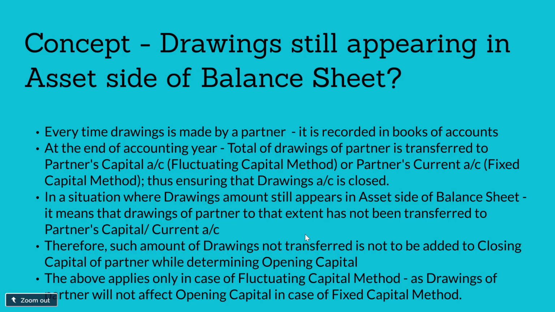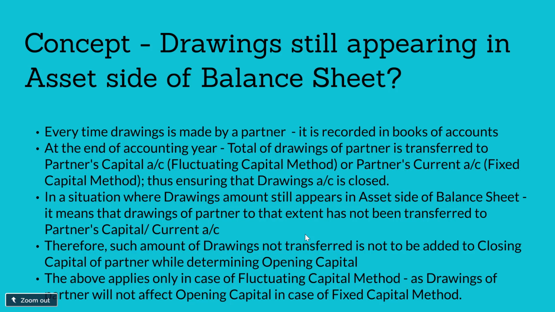Every time drawings is made by a partner, it is recorded in the books of accounts. So, assuming that he makes the drawings in the form of cash, every time the drawing is made, the journal entry is recorded: partner's drawings account debit to bank account.